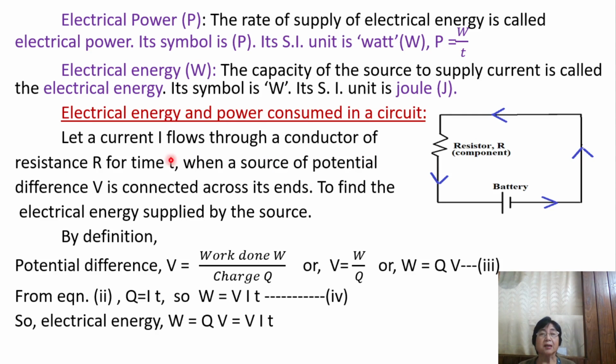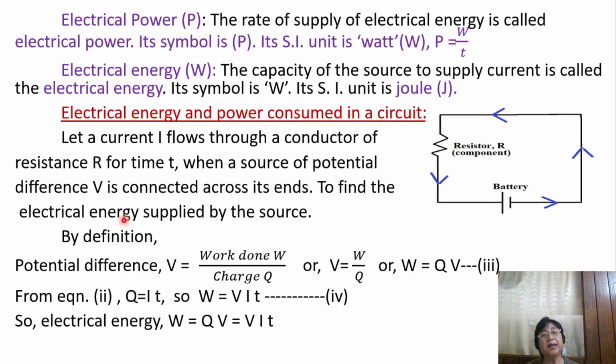So let a current I flow through a conductor of resistance R for time t, when the source of potential difference V is connected across its ends. So we have the potential difference V across the terminals of the battery.